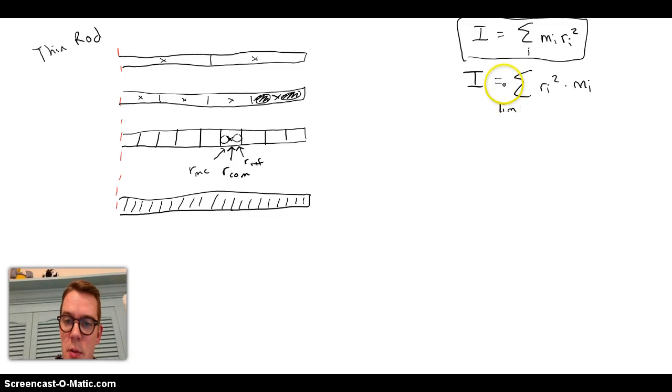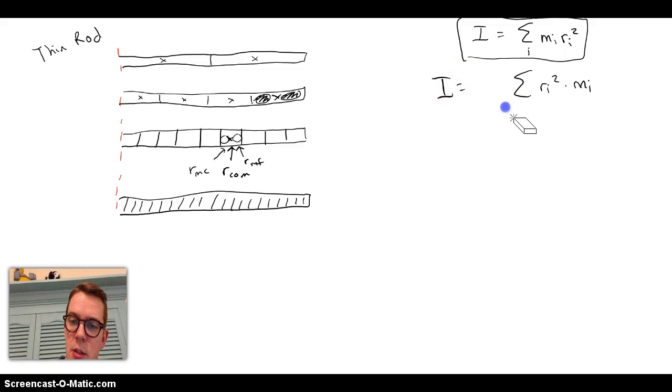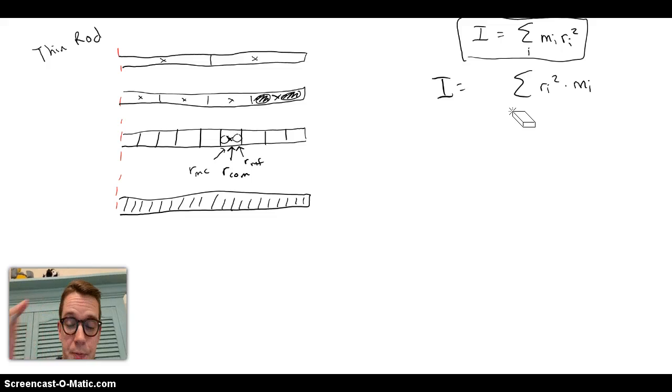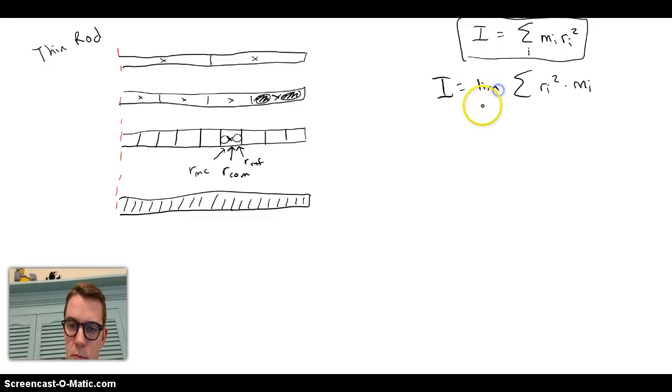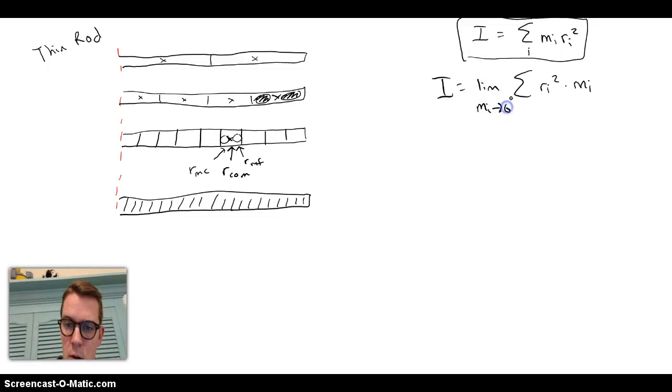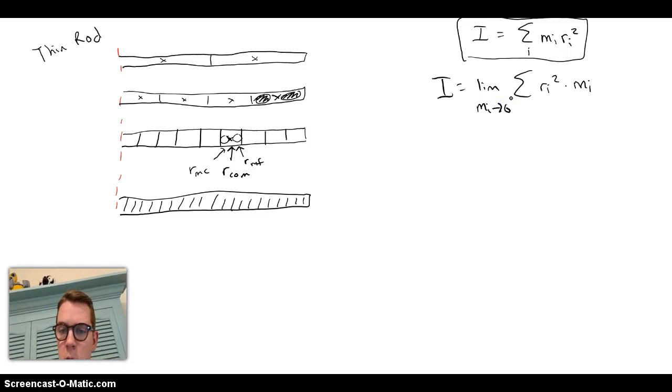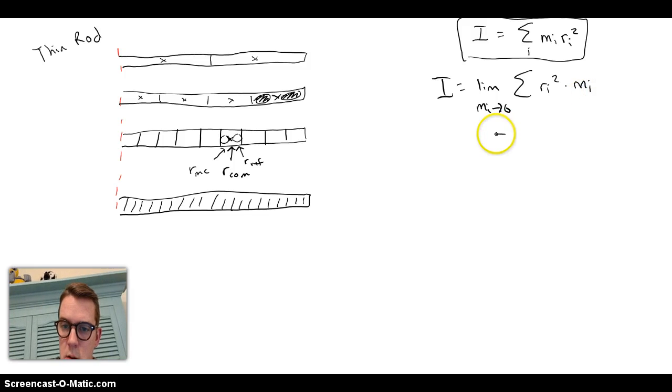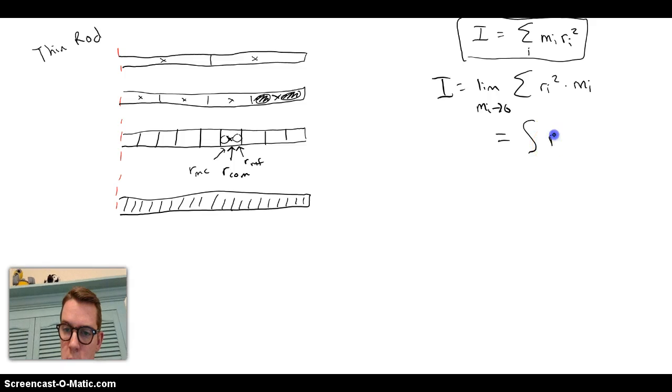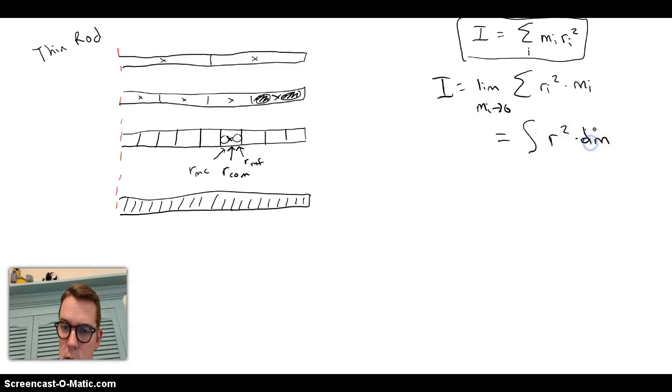I didn't write the limit in the right spot here, but that's the idea. So if you do that, what this turns into is an integral of r squared dm.